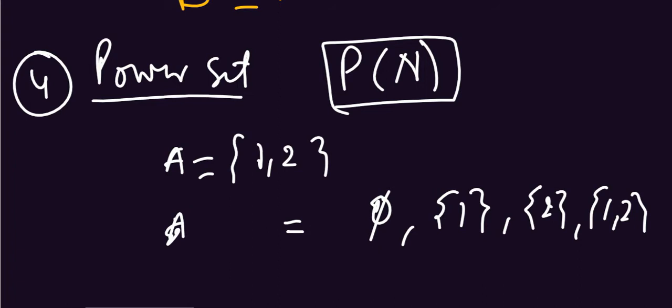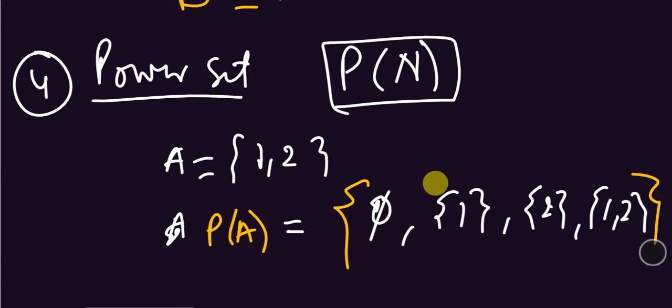These are all possible subsets of A. So the power set of A will be a big set containing all these subsets. Okay, I think you understood now.